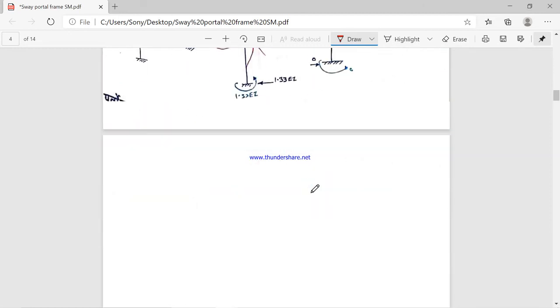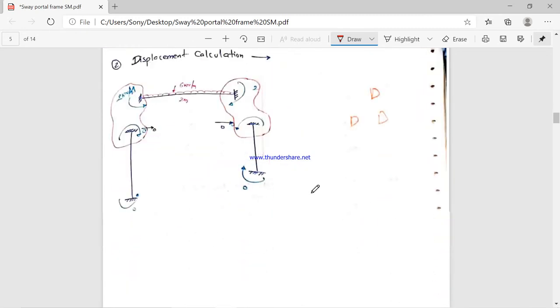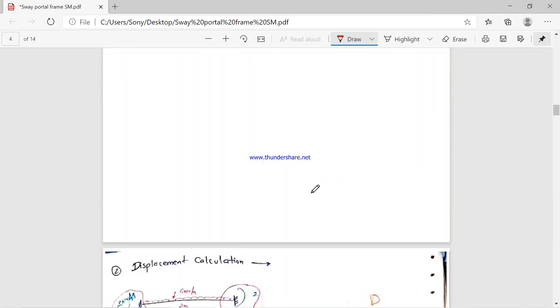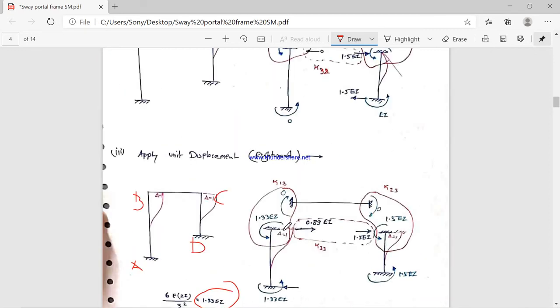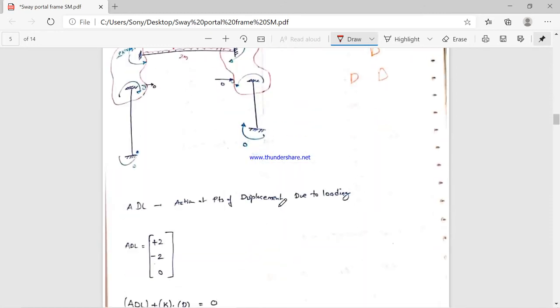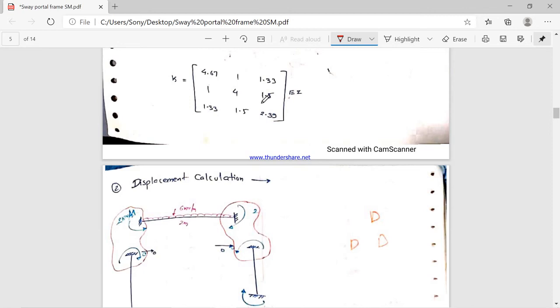So K21 is 1. Likewise we have to calculate K11, K21, K31, then K12, K22, K32, and so on. So likewise we have to add the respective joint values, and write the values in the K matrix like this.